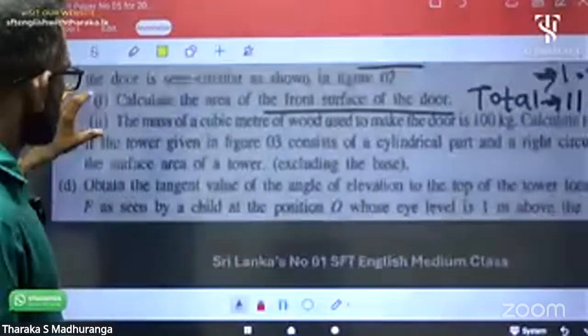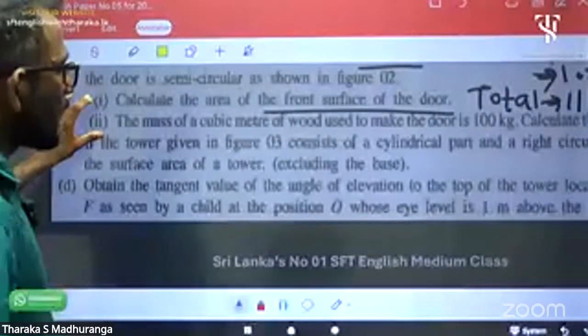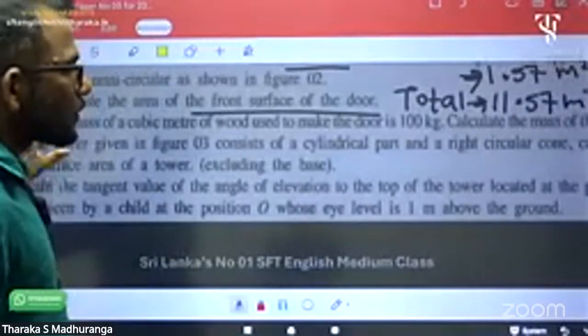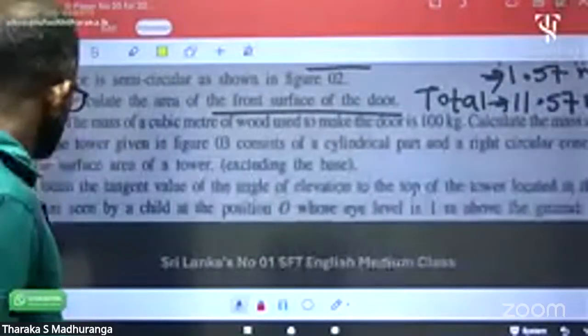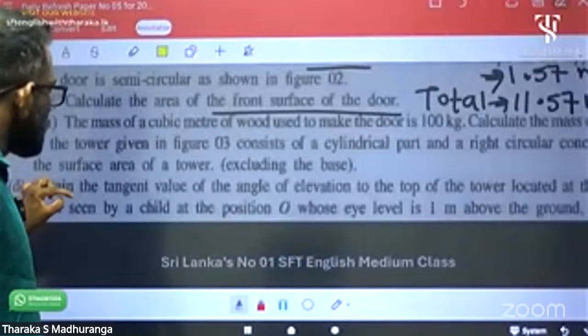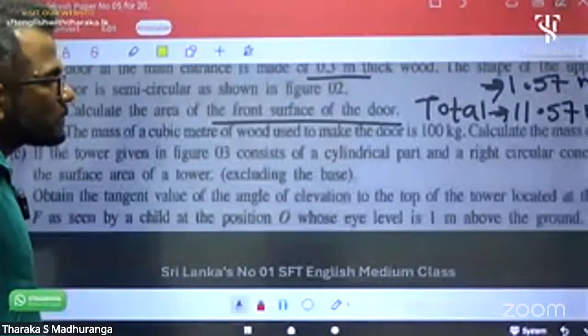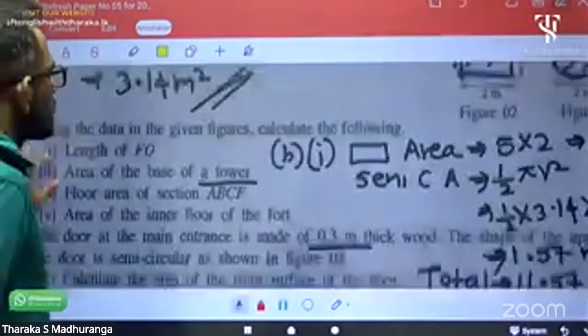Again, read the question: obtain the tangent value of the angle of elevation to the top of the tower located at the position F, as seen by a child at the point O, whose eye level is 1 meter above the ground. Yes, correct.